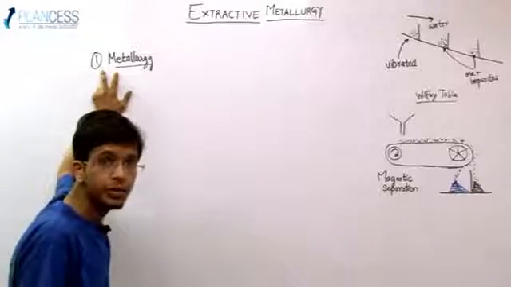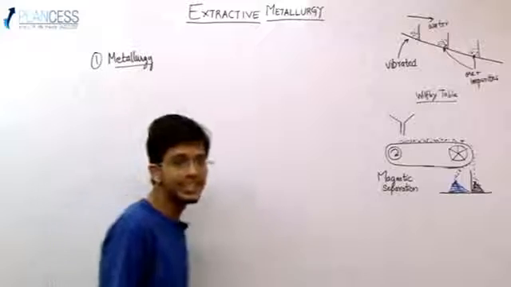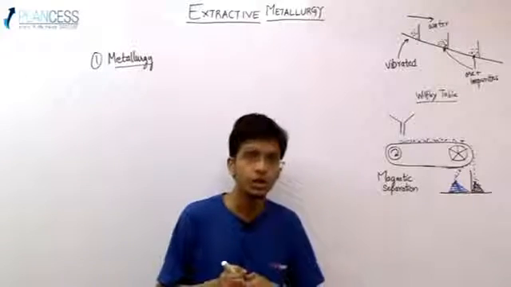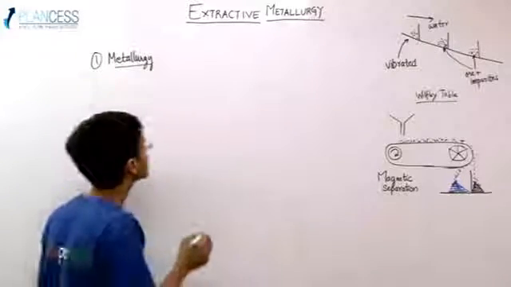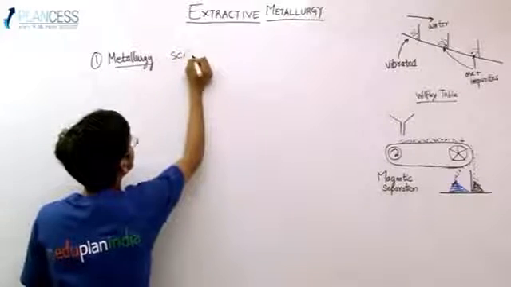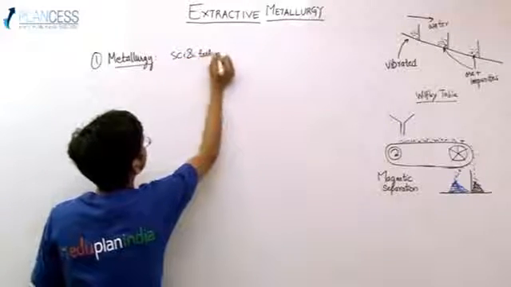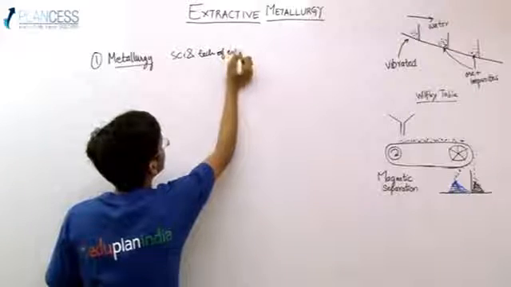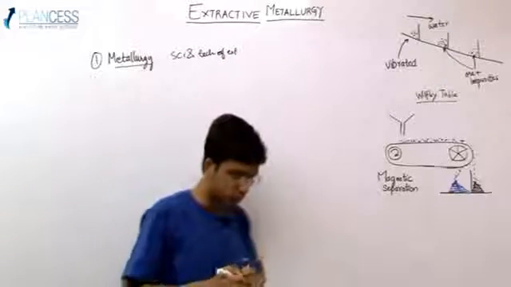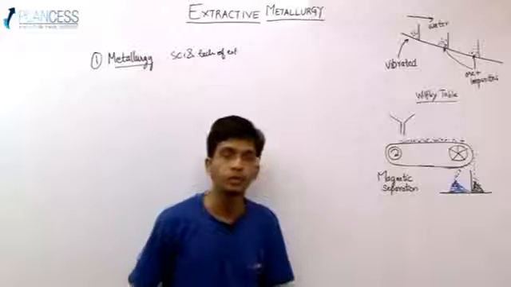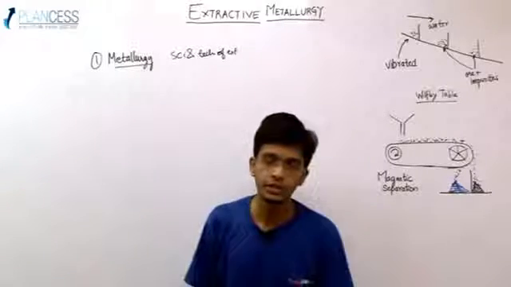With definitions, first being metallurgy itself. Metallurgy is the science and technology of extraction of metals from their ores and of their compound alloys. So we come across a word, ore. To define an ore, let us first define what a mineral is.